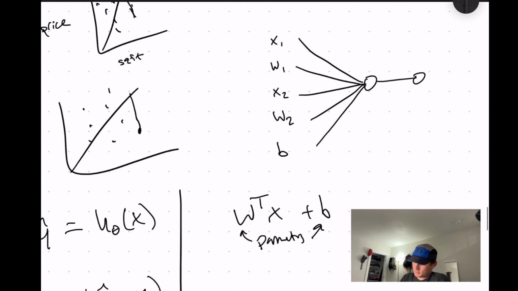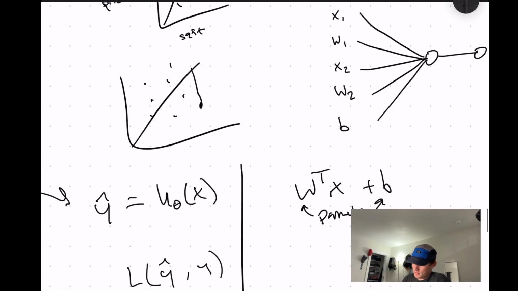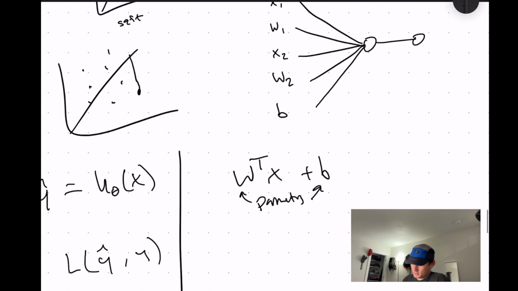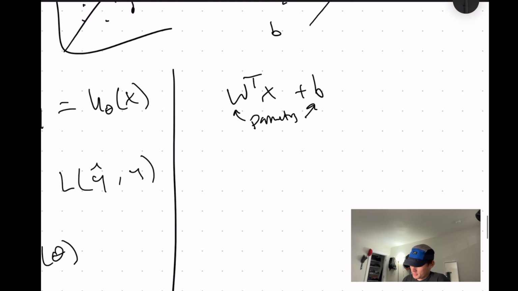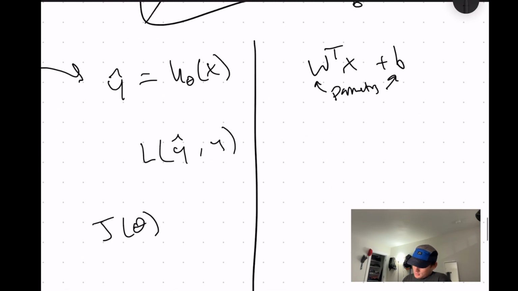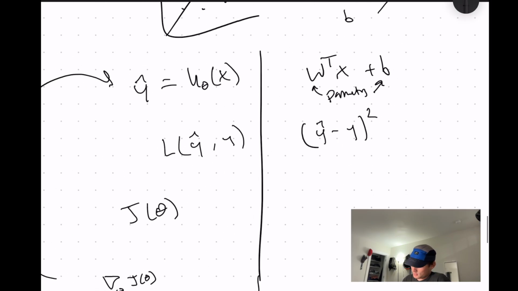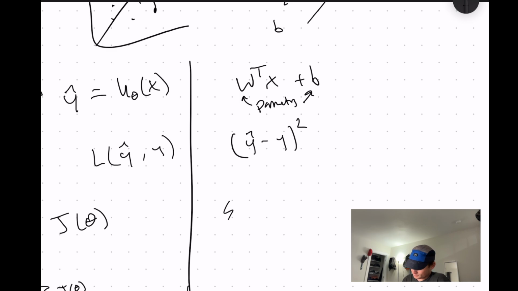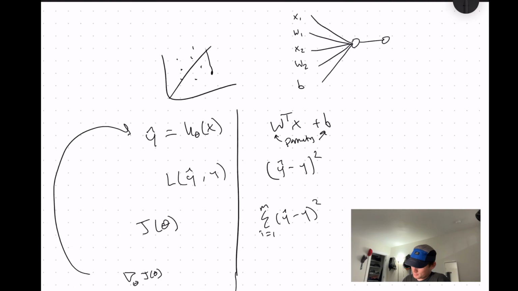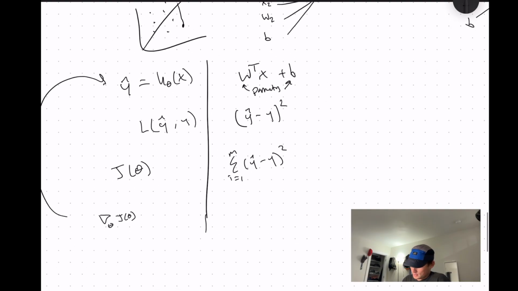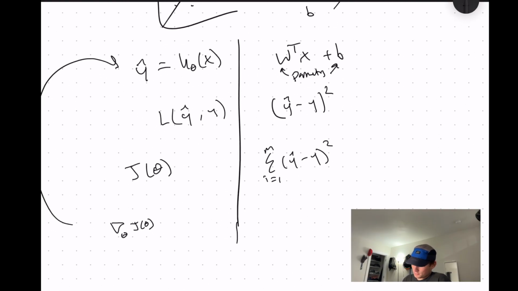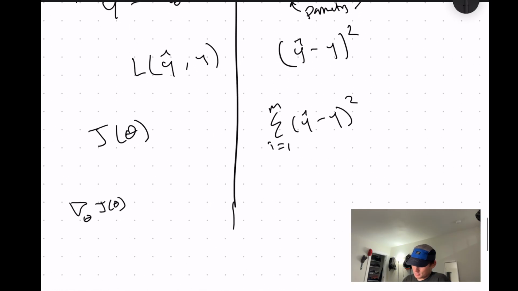So we might as well talk about the distance of the prediction to see how good we are. Okay. So it's really just the squared distance. And then the cost is always just the average over the whole data set.